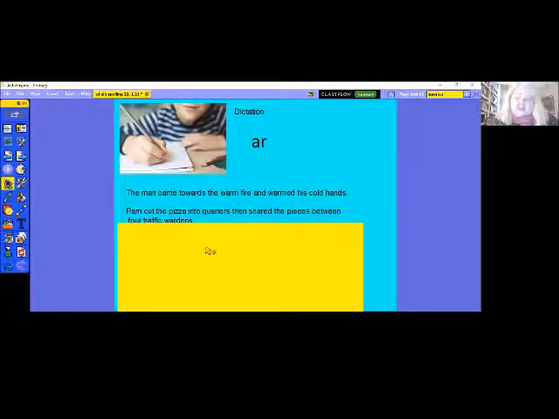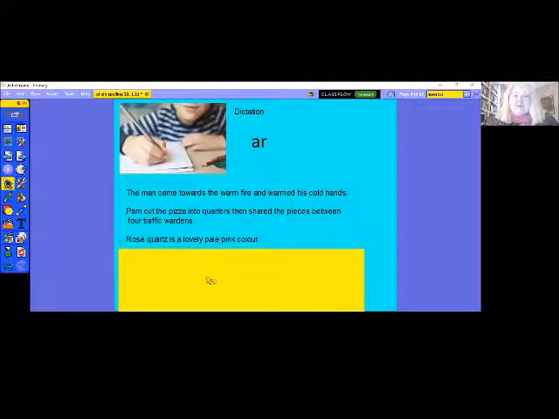This is very nice. Rose quartz is a lovely pale pink colour. Have you had a go? Let's look at mine. Rose quartz is a lovely pale pink colour.